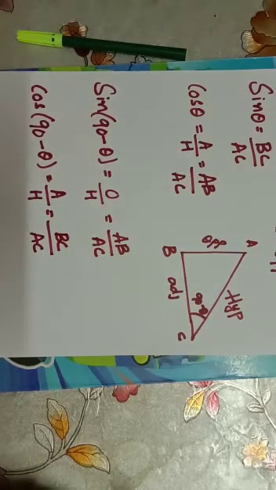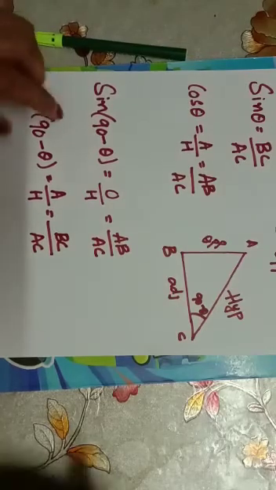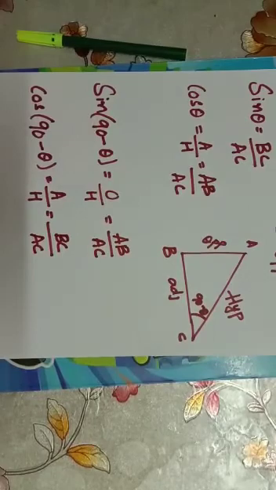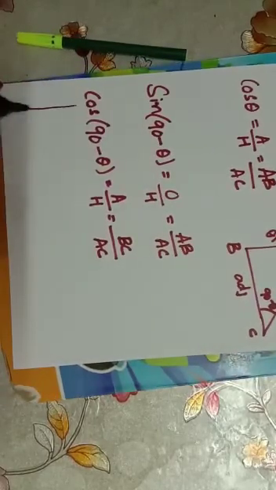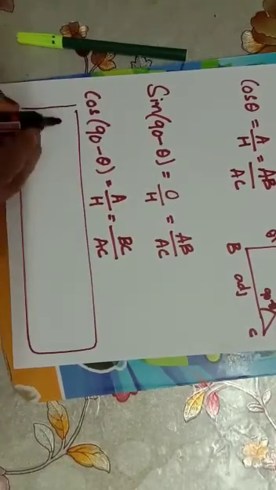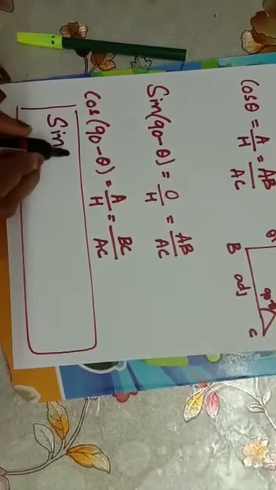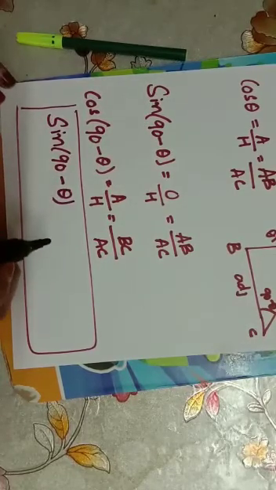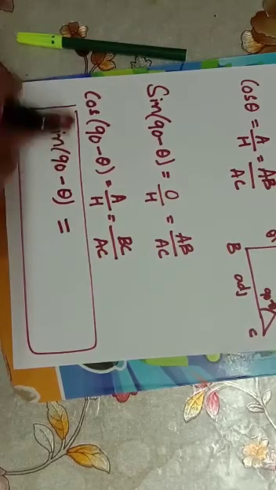Now listen, I am going to explain a small derivation today. That is not important, but just for knowledge I just want to explain this. See, sine 90 minus theta, I'll write it here and show in a box. Sine 90 minus theta, answer is what?